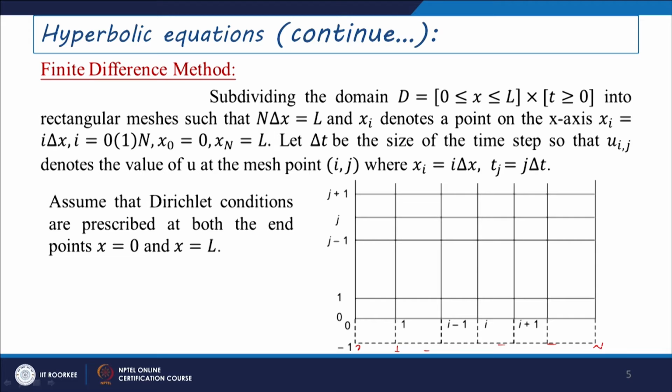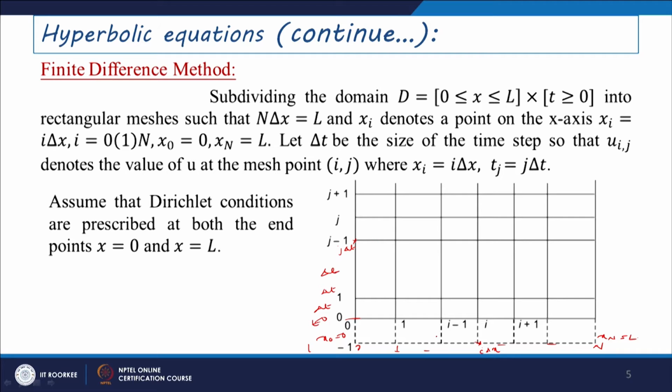Then x0 equals 0 and xn equals L, and del t is the size of the time step. At t equals 0 we start, and it is incremented by del t each step. After i steps, the grid position is i del x, and the time position is j del t.